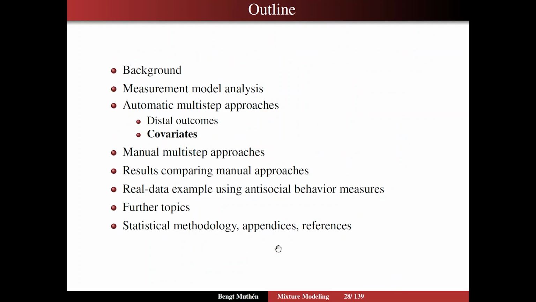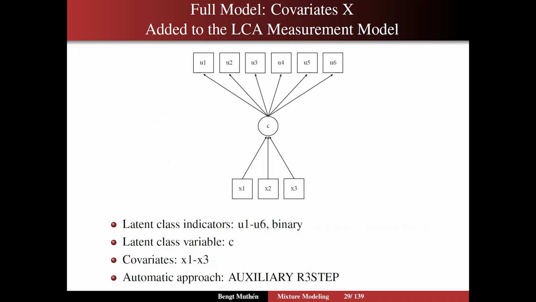Turning then to covariates on slide 28 for the automatic approach. Slide 29 gives the model. We're going to work with 3 x variables and illustrate auxiliary or 3-step.